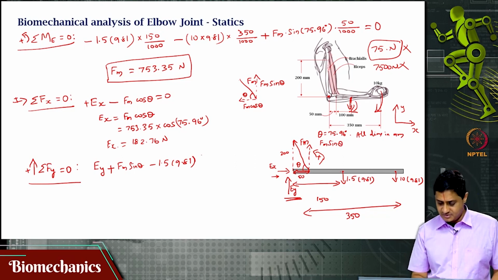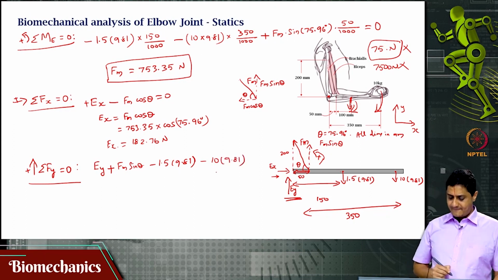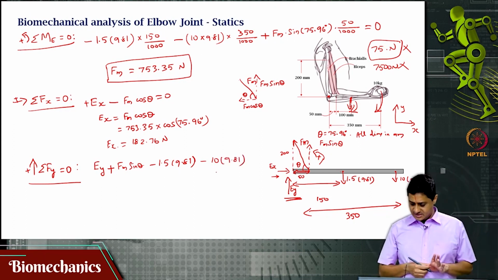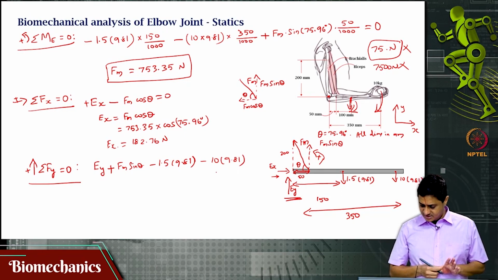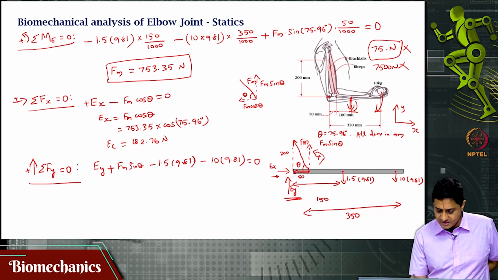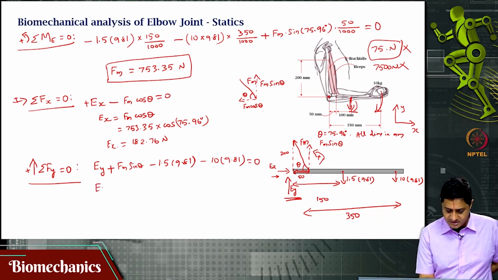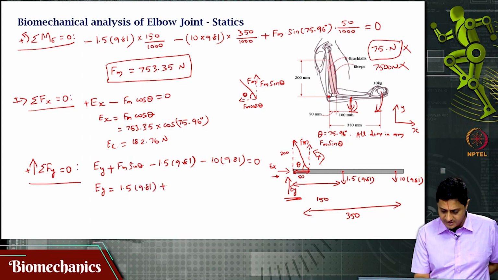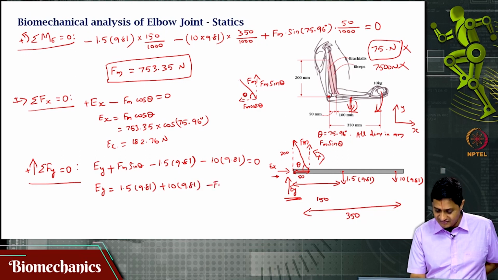Sigma Fy equal to 0, minus 10 kg is acting. Anything else? Any other thing that I have missed? Nothing else, right? The whole thing is 0. So, that means Ey is 1.5 into 9.81 plus 10 into 9.81 minus Fm sin theta.